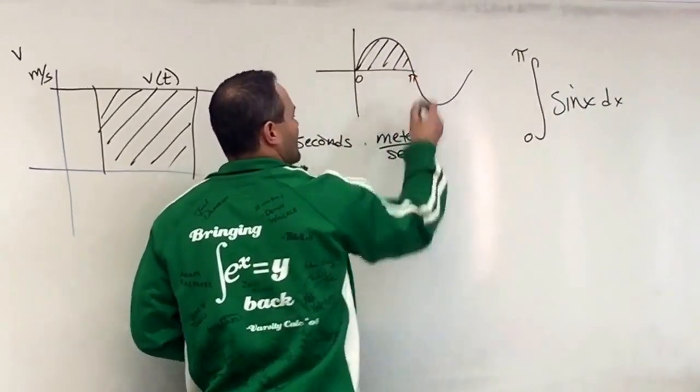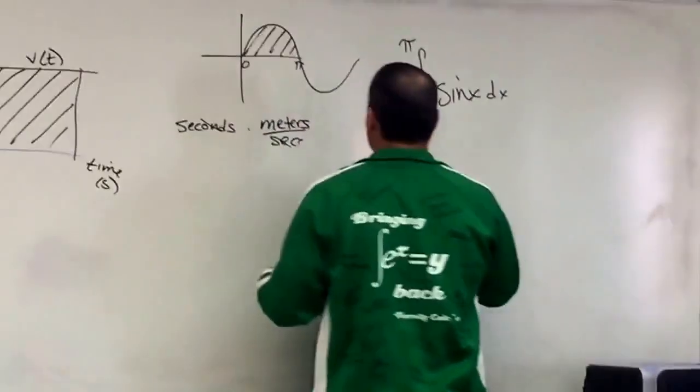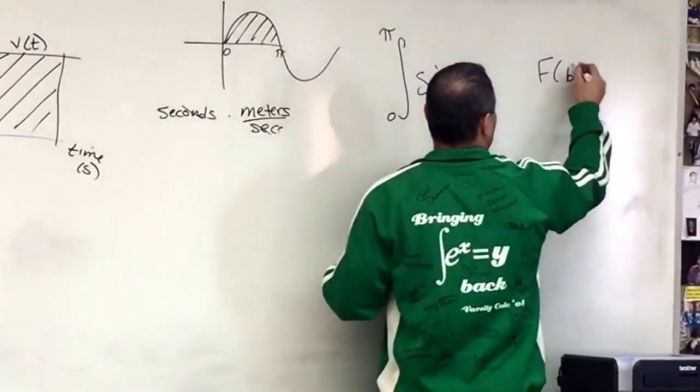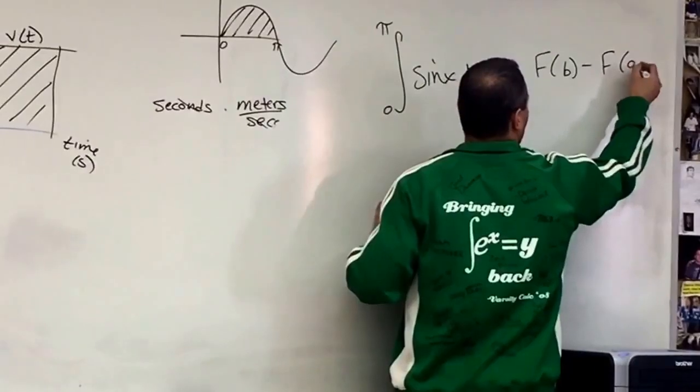So all I have to do is capital F of b minus capital F of a.